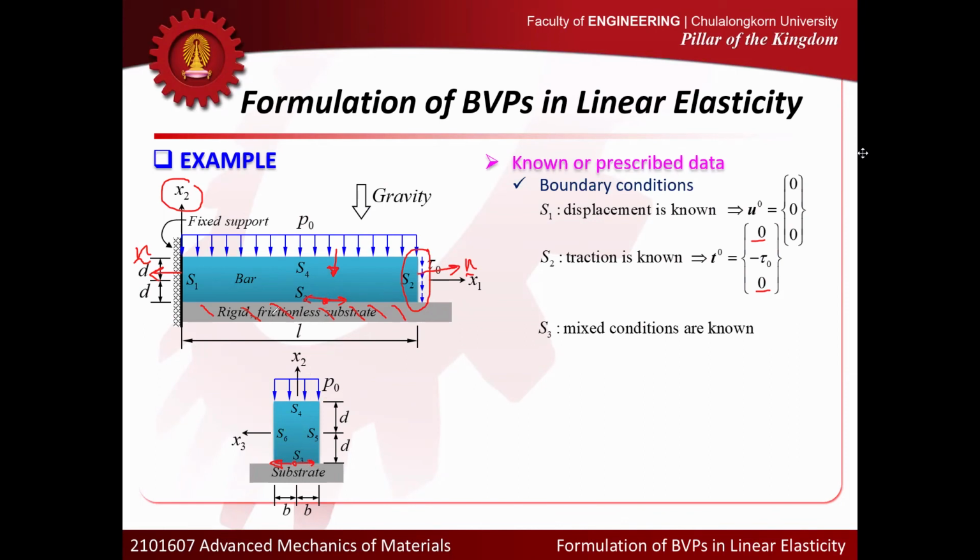Because it's frictionless. But if you look at the movement in the vertical direction, in that case, the box here, or the substrate here, is rigid. So now it will not allow the body to move up or down. So in that case, we know the displacement component in that direction, but we don't know the force or the traction in the normal direction, right?